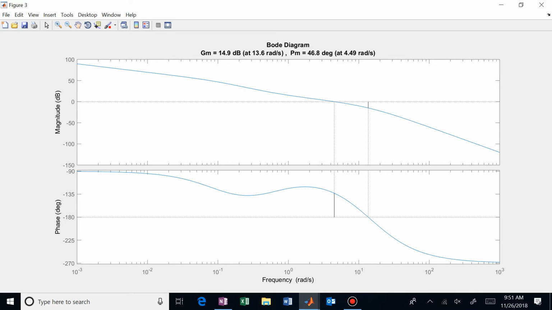So I more than sufficiently met my phase margin spec. My gain margin is 14.9. That's now how you can perform a phase lag controller design using Bode Plot strategies. We'll look at the phase lead, which is now moving to the right instead of moving to the left.